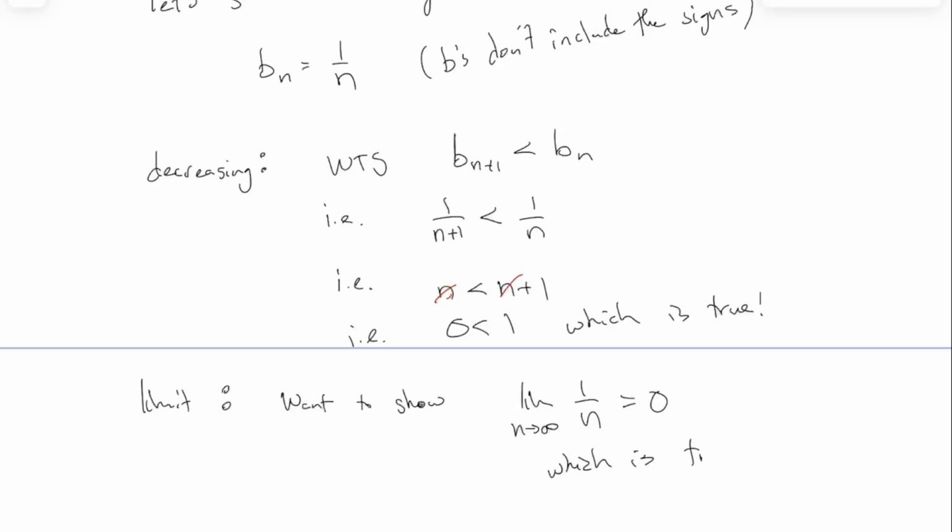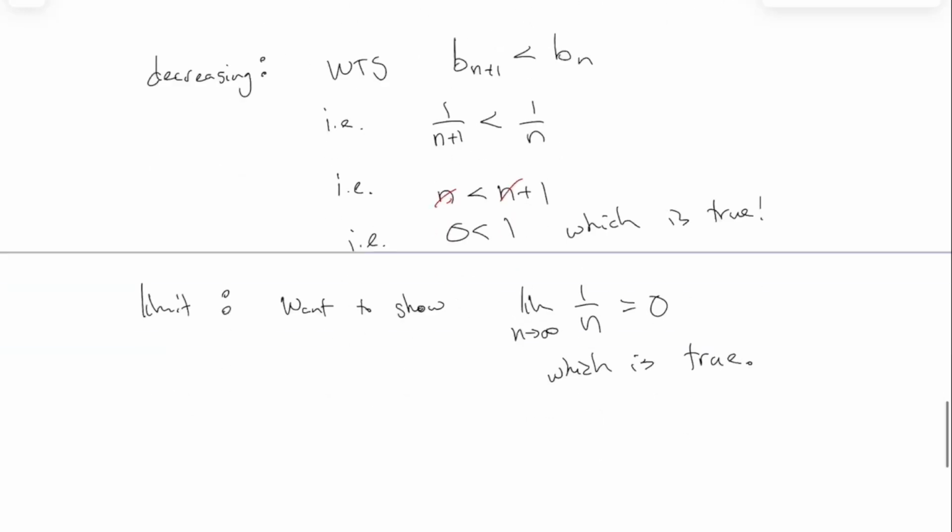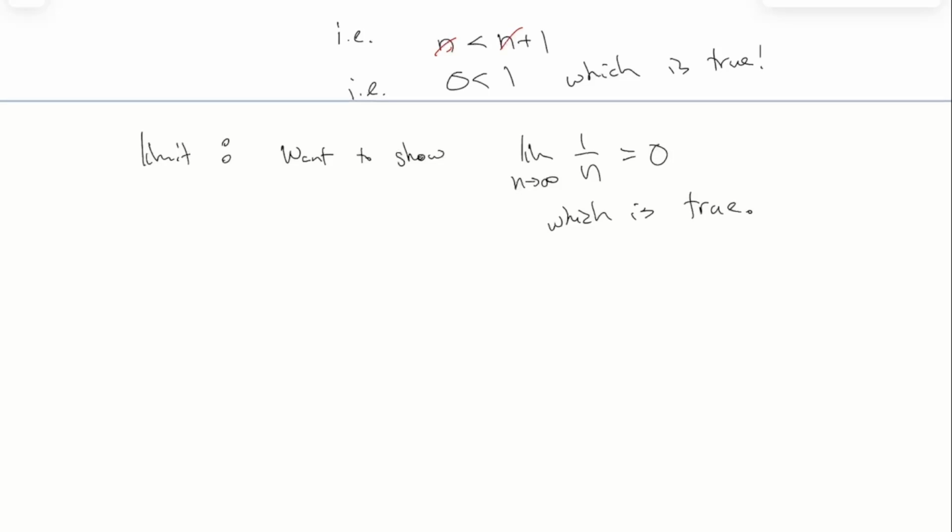Which is true. So a more typical example would be more complicated, and you'd have to actually go through some arguments for each of the two parts. But this is the easiest possible of these examples. All right, so anyway, you should write some words of conclusion here. So the bn's are decreasing with limit 0.